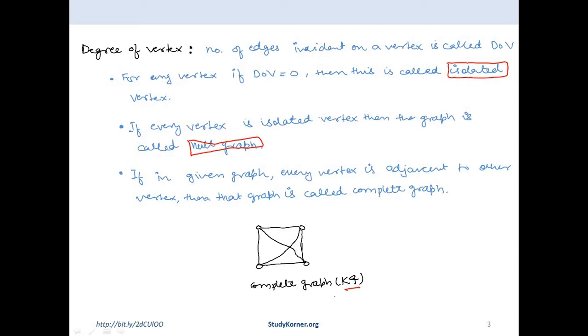K4 is a complete graph in which 4 vertices are there, having 6 edges. Okay, so this is a complete graph.